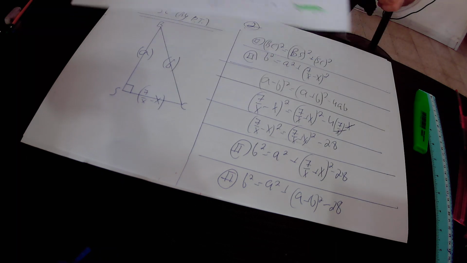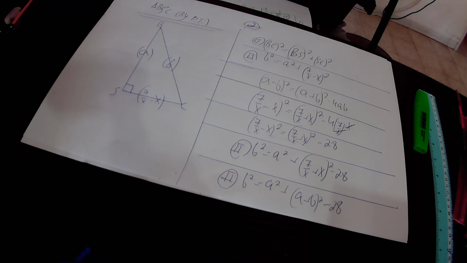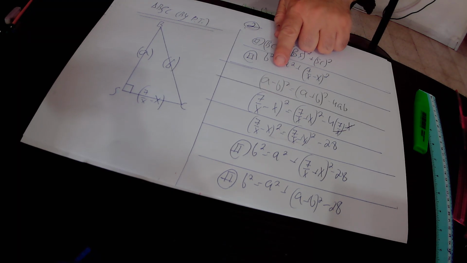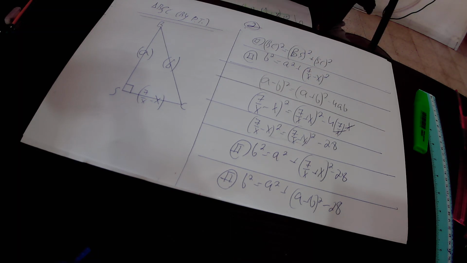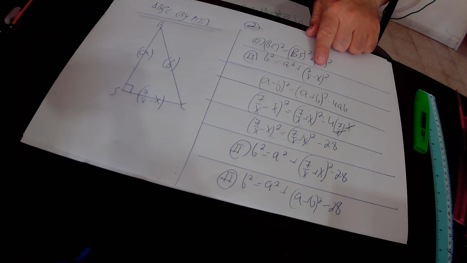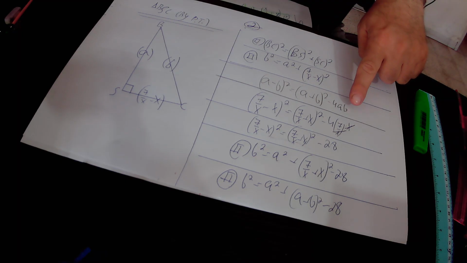In order to turn this expression from 7 over x minus x to 7 over x plus x, we use the algebraic identity that states that (a minus b) square equals (a plus b) square minus 4 times ab. So according to this algebraic identity, we get that (7 over x minus x) square will be equal to (7 over x plus x) square minus 4 times 7 over x times x.